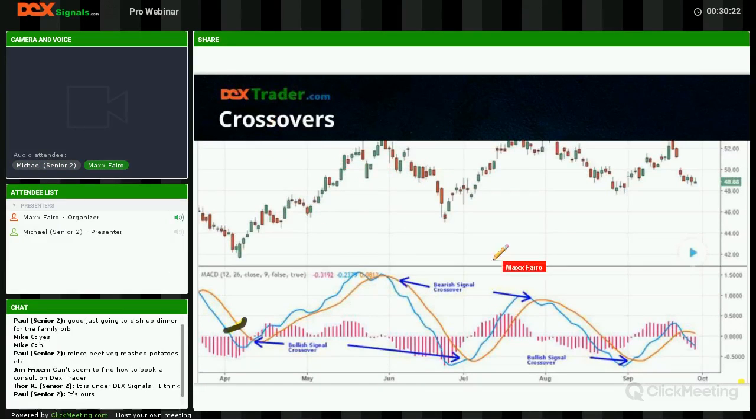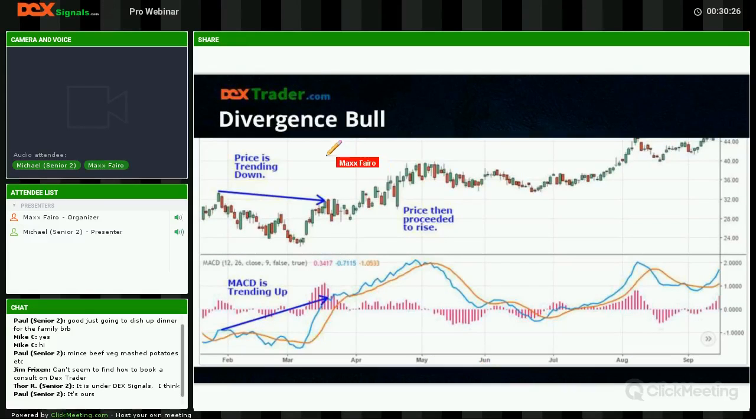Now, in using that crossover event process, there's another process called the divergence. And divergence really means conflicting information on both parts, right? So when the price is trending down, as we see here in this event, okay? And these are just moments in time that we start to look at. Usually we're about to trade, and we look at what the market is doing at that point.